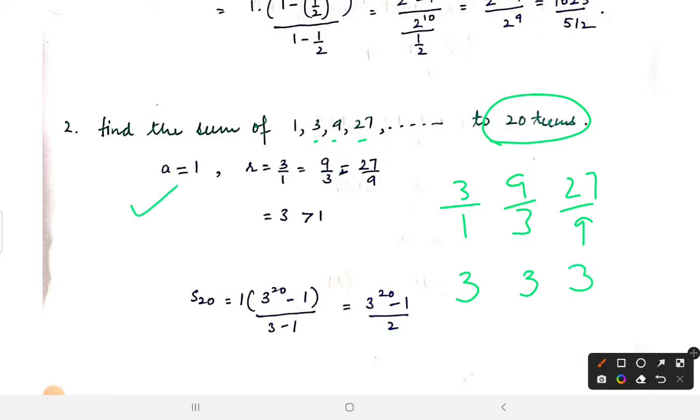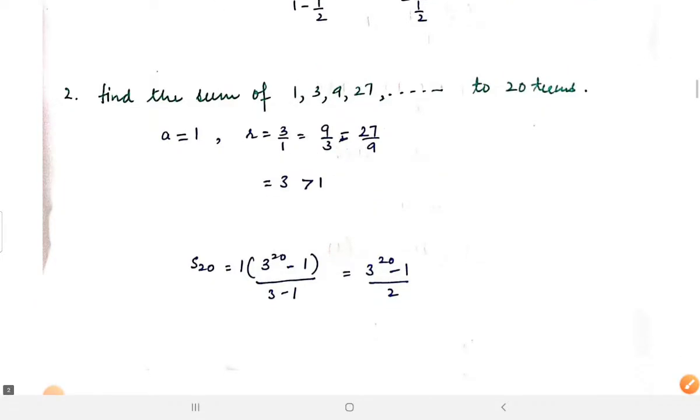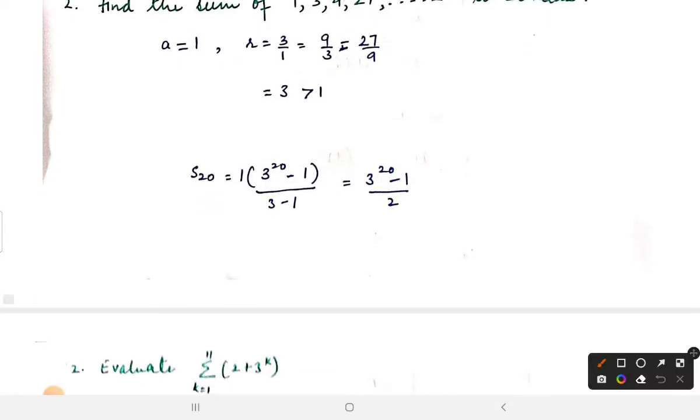So the first term a is 1 and the common ratio is r, which is greater than 1. So the formula for the 20 terms S20 is a times r to the power n minus 1 upon r minus 1. a is 1, so r to the power 20 minus 1 upon 3 minus 1, which is 2. This is the sum of the first 20 terms.